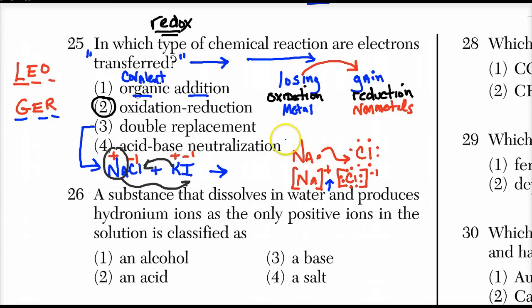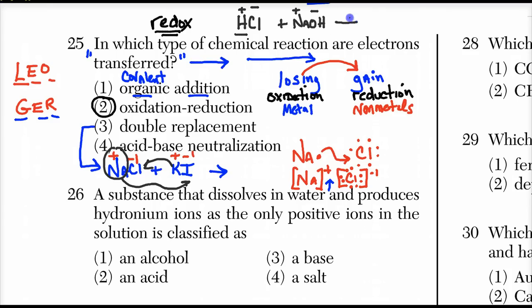Acid-base neutralization on this level is considered not to be a redox reaction because, again, it's essentially a double replacement. Acid, base, and a salt: if you take your hydrochloric acid and your NaOH, you can consider the H to be positive, the chlorine negative, Na positive, and the hydroxide negative.